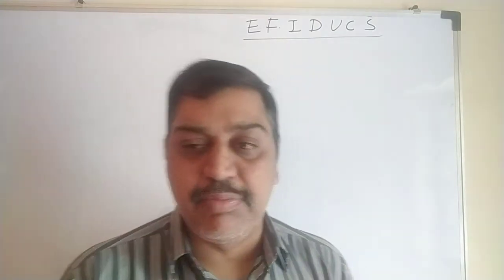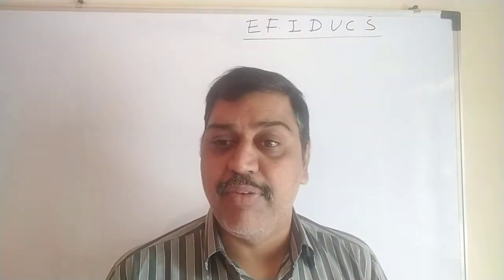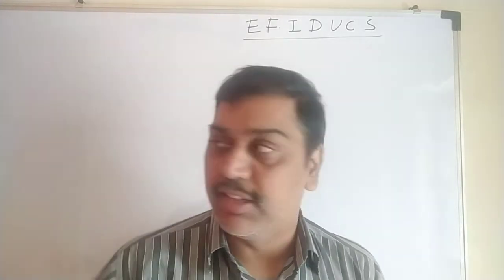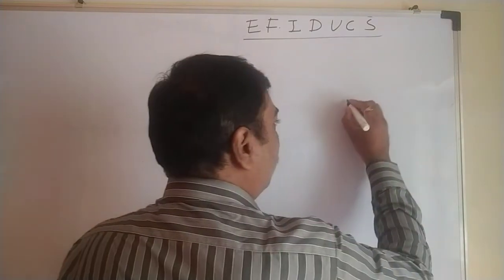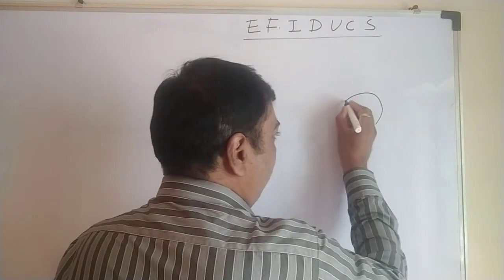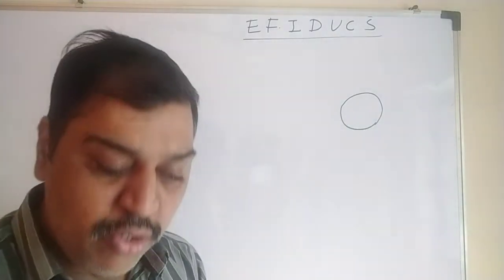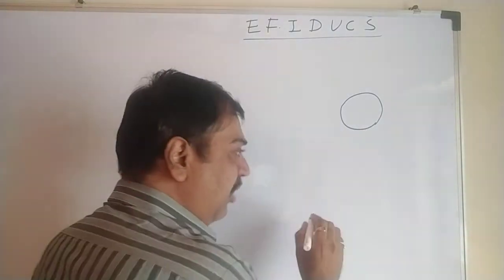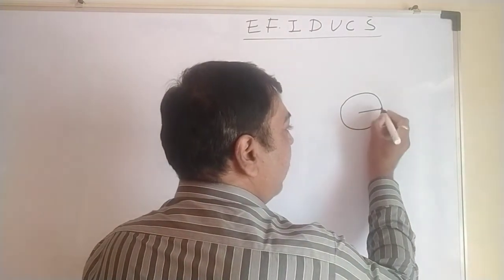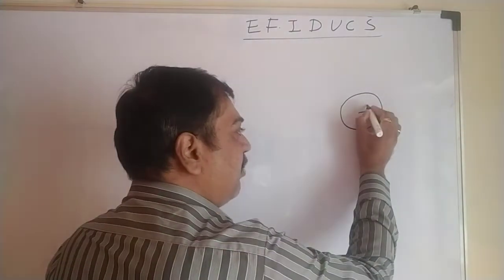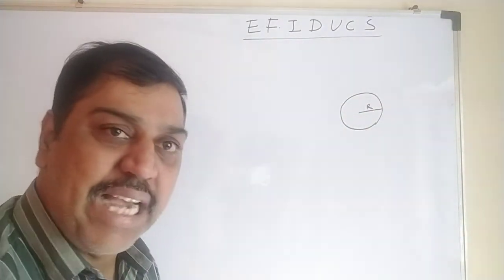What exactly does this mean? Let us consider one sphere. I will draw the smaller surface. Let us assume this is a spherical surface whose radius is capital R. This is the sphere, this is the center of the sphere, and this is the radius of the sphere, capital R. On the surface of this sphere we have given steady charges.